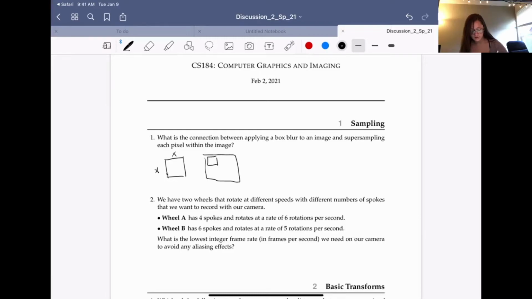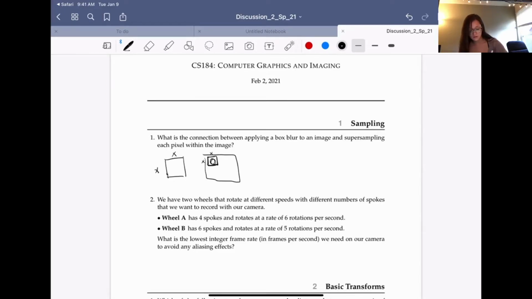So say this is your area of your image. You take x times x samples, you add them all together, and then you divide them, which is essentially averaging all the values in this area.